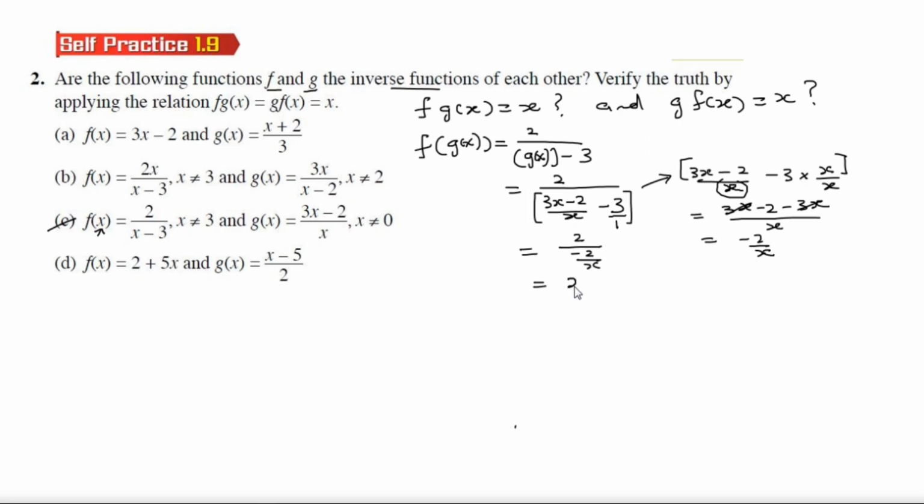You can write in this form: 2 divide negative 2 over x. And then 2 times x over negative 2. 当你把除变成乘的时候呢，这个分子分母的位置呢，要互相的调换。So you simplify this, 2 and 2 get negative x.